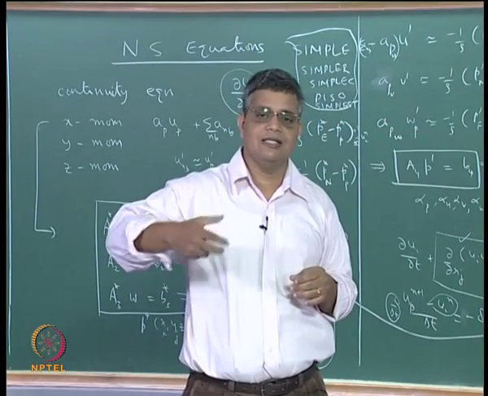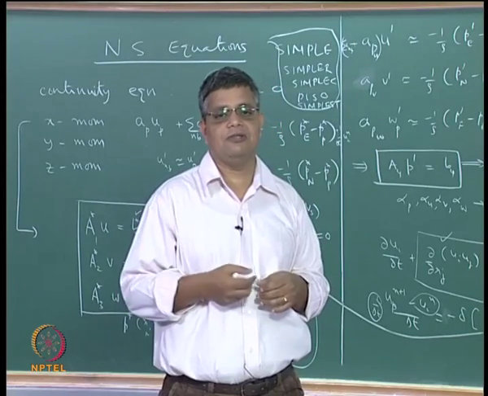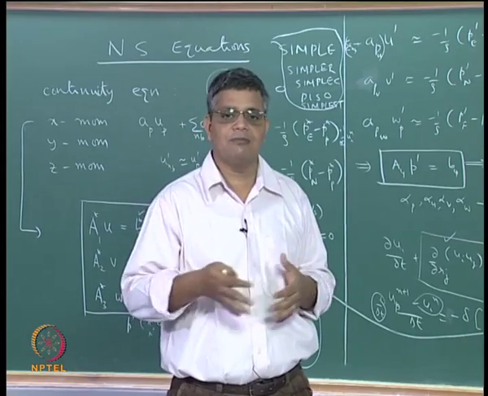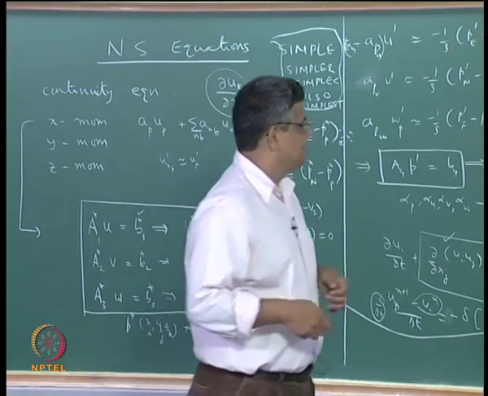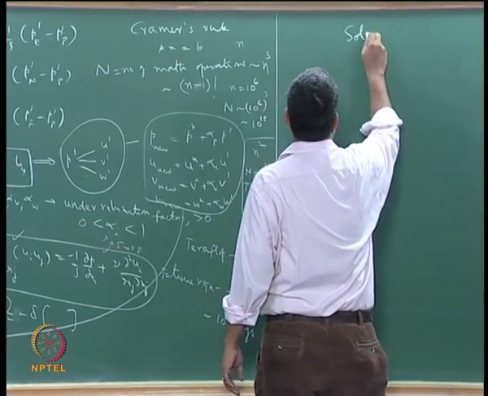Without an efficient method for the solution of Ax equal to b type of equations, the method is not useful, the method is not complete. So we look at the solution of linear algebraic equations.